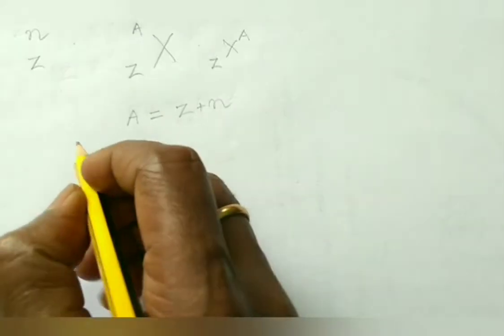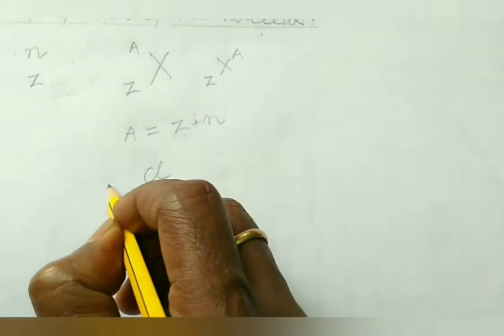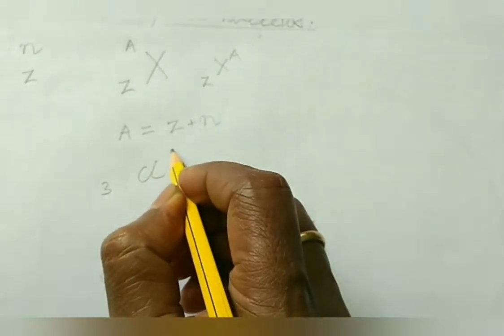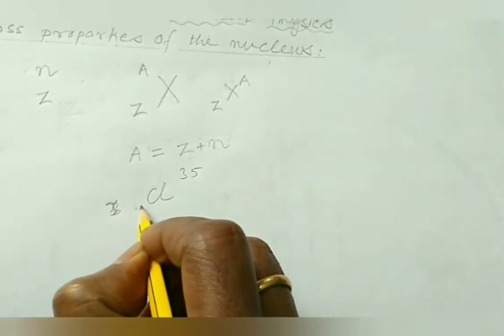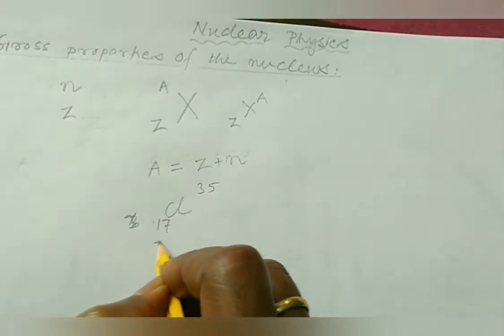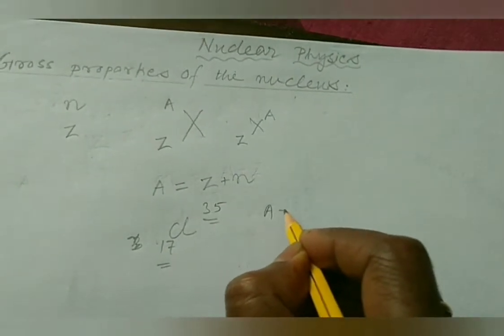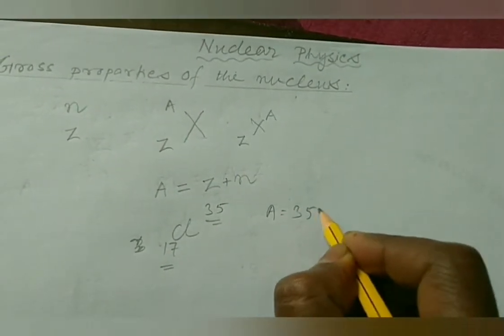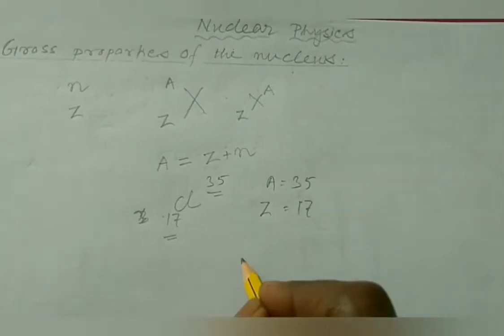For example, chlorine 35, 17. This is the atomic number and this is the mass number. That is A equal to 35, Z equal to 17.